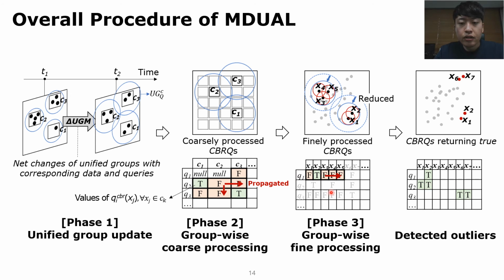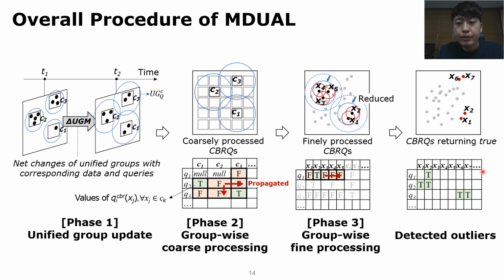And in the third phase, the MDR algorithm processes the unanswered CBRQs in a finer manner. So the unified groups are also reduced, and this reduces the search space, and each CBRQ is processed to get the answer false or true. Also in this fine processing procedure, the CBRQ answer can be propagated to the others, considering the restrictive relationship.